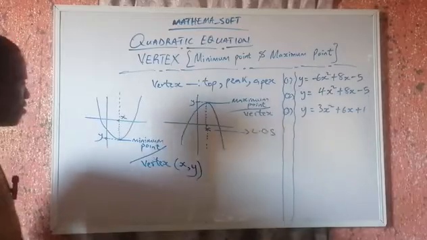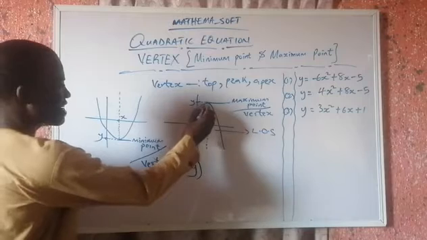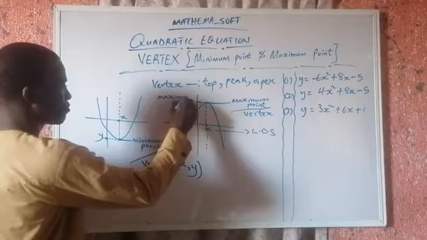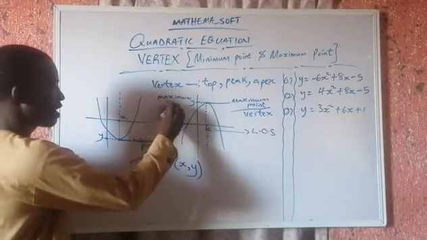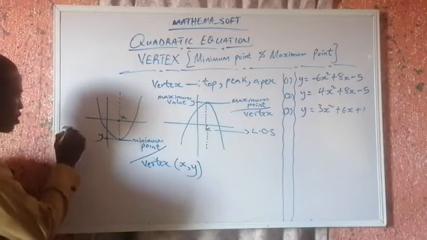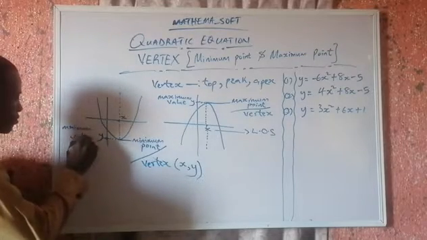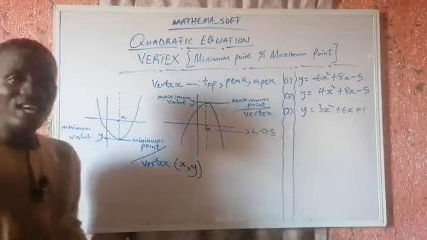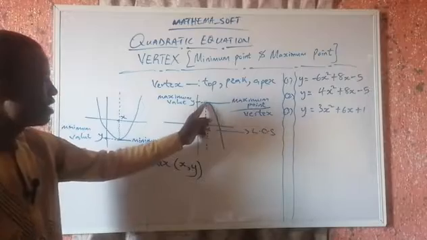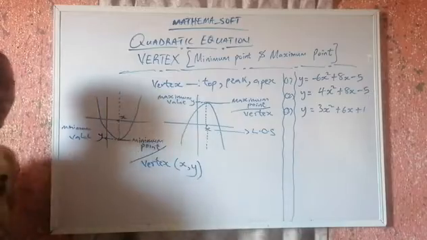Now we can also go back to the y coordinate of the vertex. The point here at this peak is called the maximum value. Not point, but maximum value. And the point in this place can also be called the minimum value. That is, the y coordinate of the vertex can either be the maximum value of the curve or the minimum value of the curve.